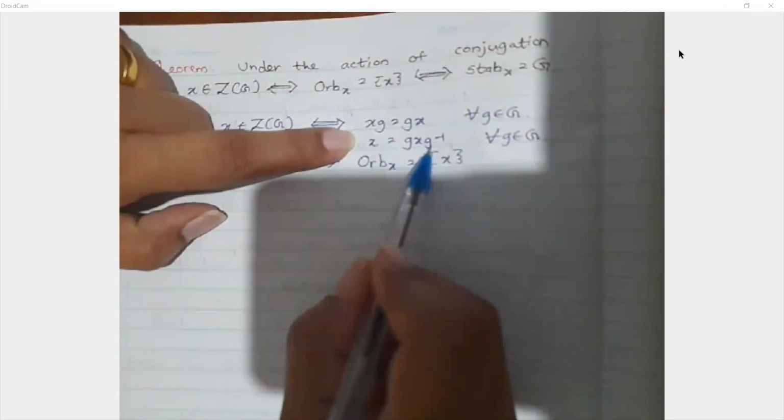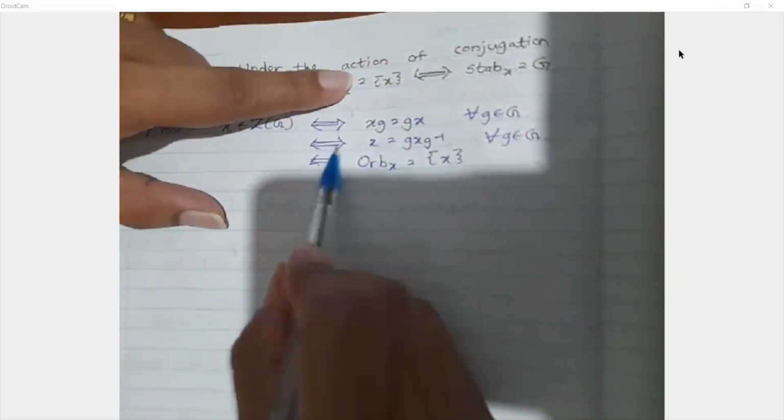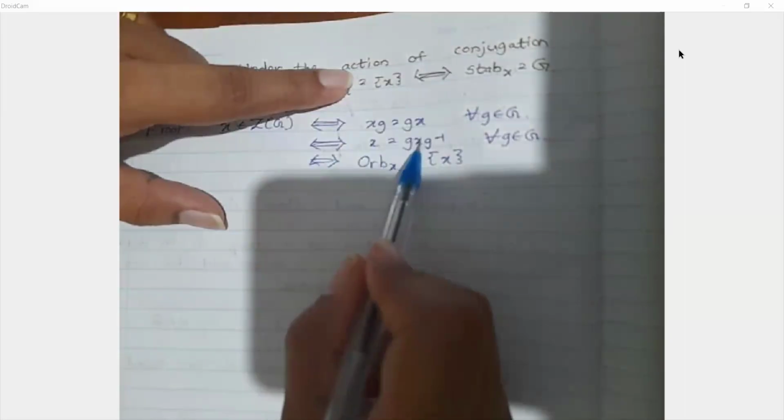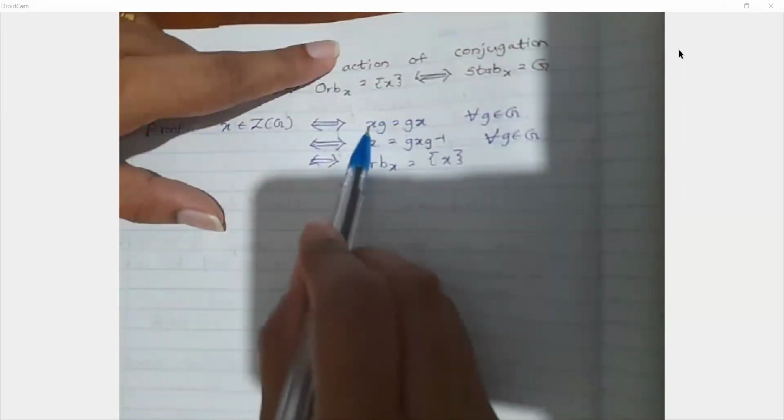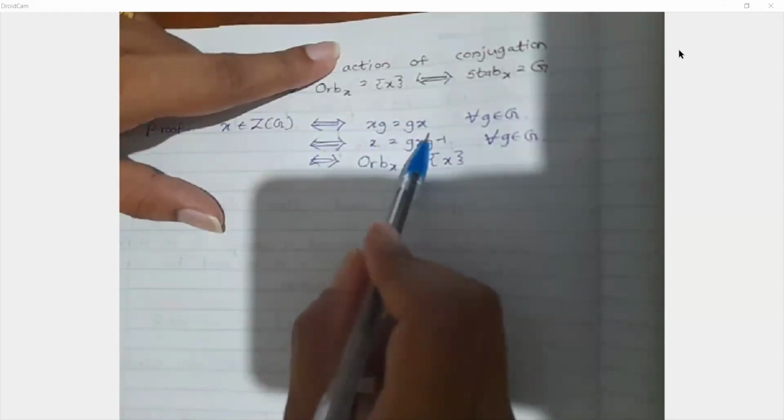If you go back to this statement over here, it says if and only if x equals gxg inverse. If you go to this very first one, for every g, xg is equal to gx.